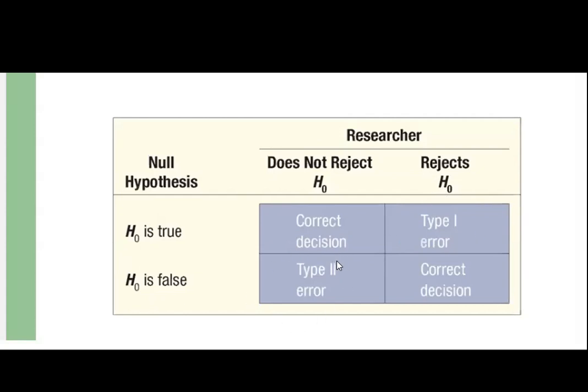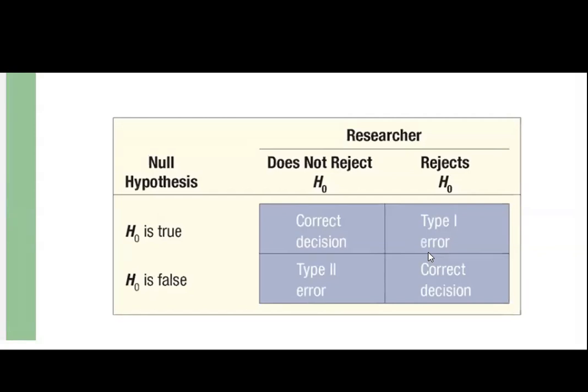So those can lead to type 1 and type 2 errors. We won't really spend much time on understanding the type 1 and type 2 error. That's for a higher level of statistics. But knowing that even statistical results may have errors involved is good to know.